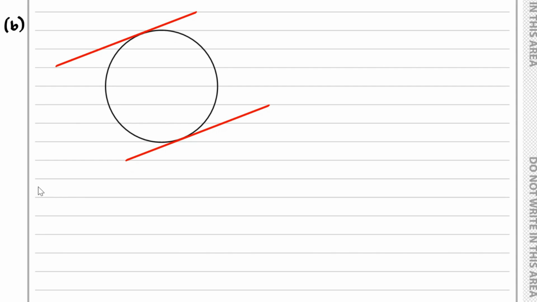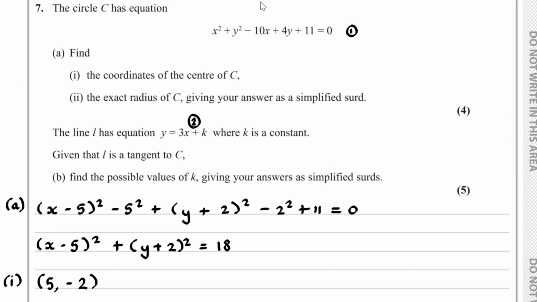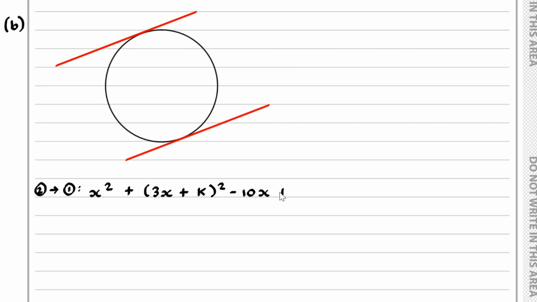So if we substitute equation 2 into equation 1, we have x squared plus (3x plus k) all squared, minus 10x, and then here we have plus 4y. So we've got 4 lots of (3x plus k), and then we add on 11, the result of which is 0.